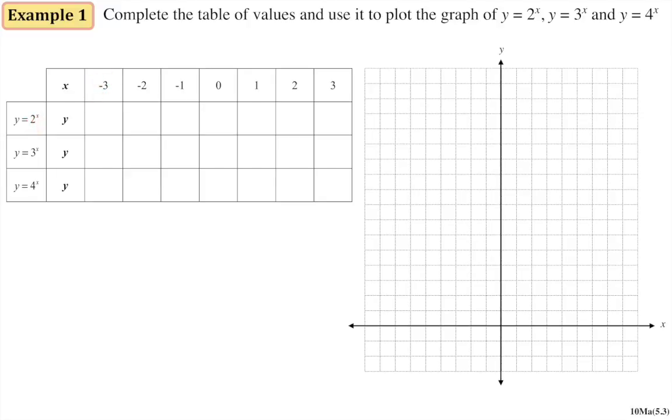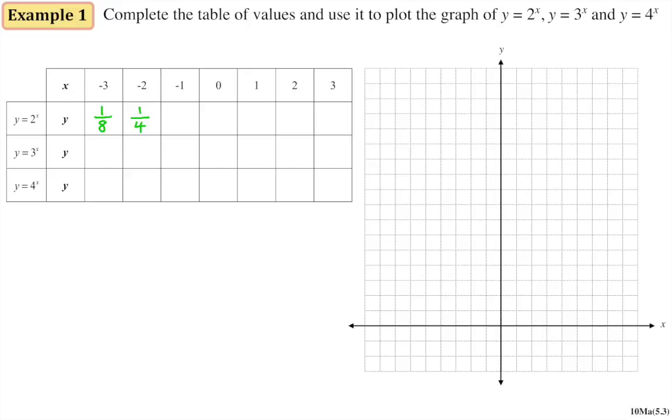If you put that into your calculator, or if you can remember indices, which you probably can't, 2 to the power of negative 3 equals 1 over 8. We will write it as a fraction, not a decimal, and your calculator can do that. You may have to hit S to D depending on what mode you're in. The next one, 2 to the power of x when x is minus 2. 2 to the power of minus 2 gives 1 on 2 squared, which is a quarter.